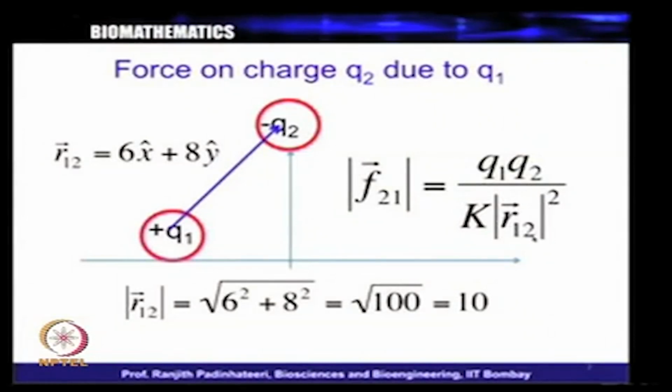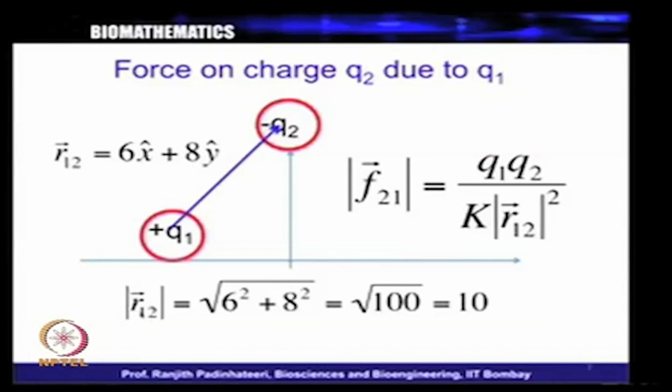When you have this r12 squared, the mod r12, as we just discussed, r12 is nothing but 6x plus 8y. The way to calculate mod r12 is the square root of the coefficient of x, which is 6 squared, plus the coefficient of y, which is 8 squared.